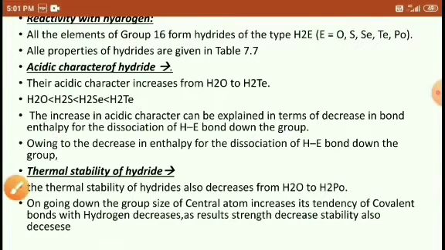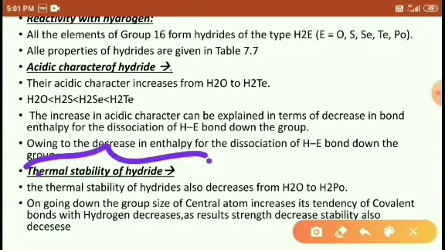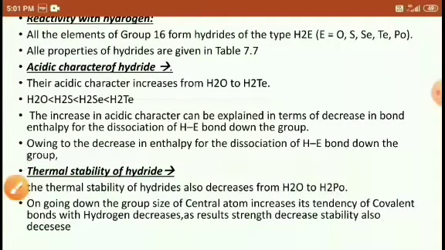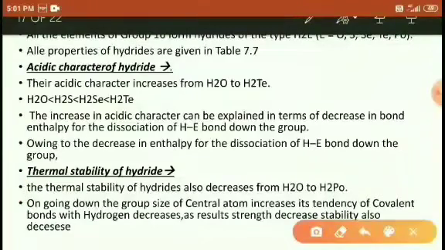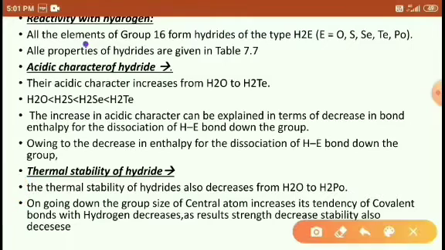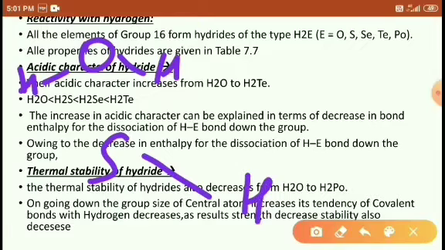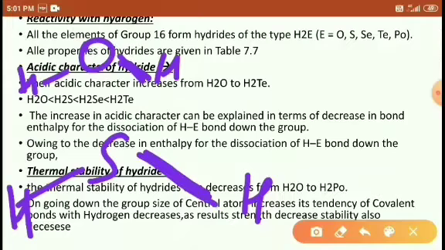Right students? Thermal stability of hydrides, which one is more stable here? Stability decreases from water to polonium hydride because the central atom size increases, the covalent bond strength with the hydrogen atom decreases. Same point students. Here also for thermal stability, when you compare the oxygen and sulfur hydride, the bond length is small in one and large in the other.